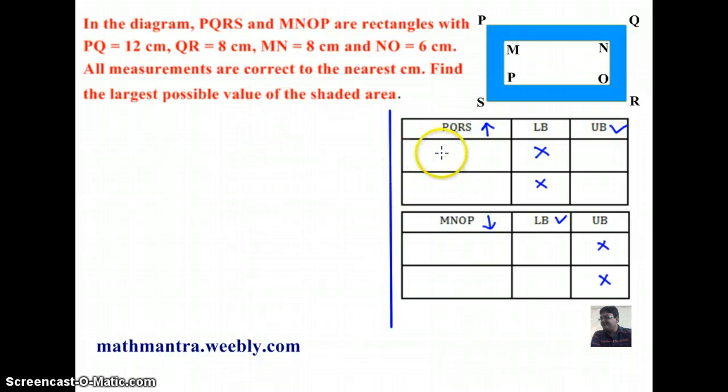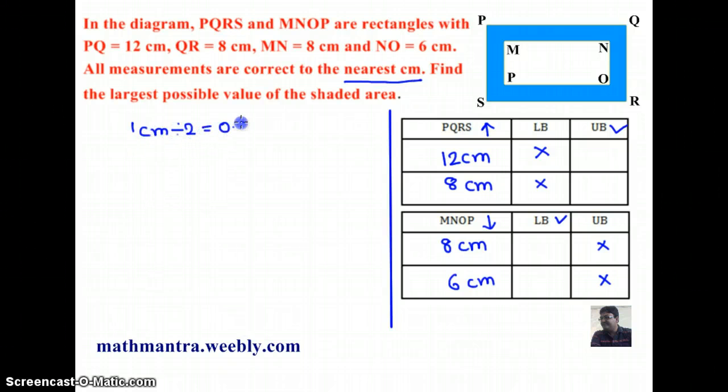For PQRS, the dimensions are 12 centimeters and 8 centimeters, and for MNOP, it's 8 centimeters and 6 centimeters. Now each of these dimensions is measured correct to the nearest centimeter. So 1 centimeter, I'll divide that by 2 to get 0.5 centimeters.